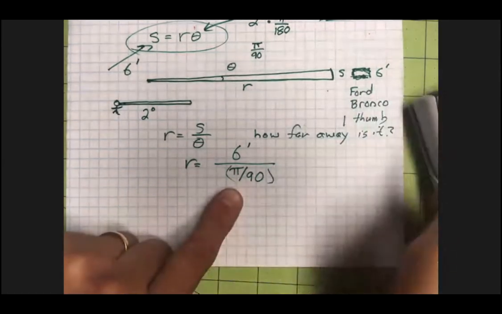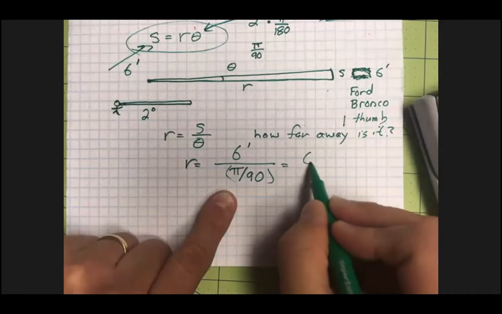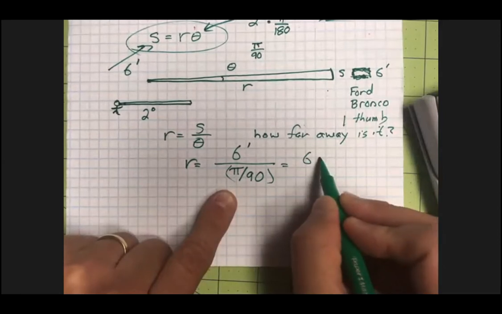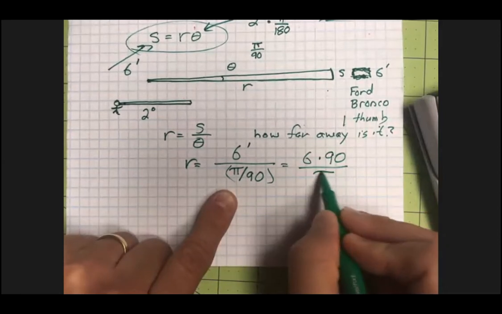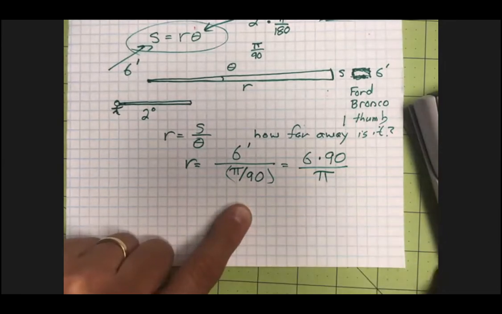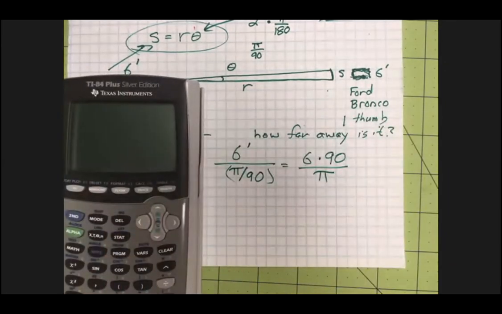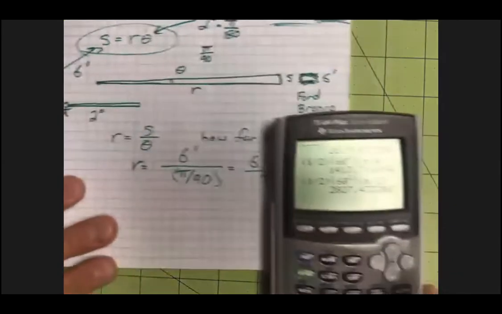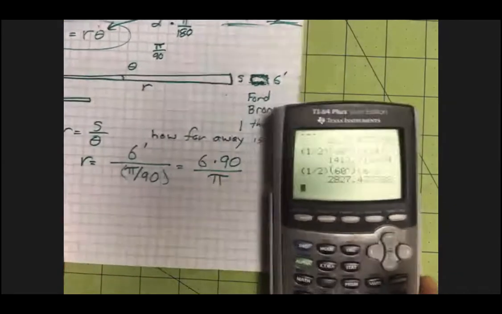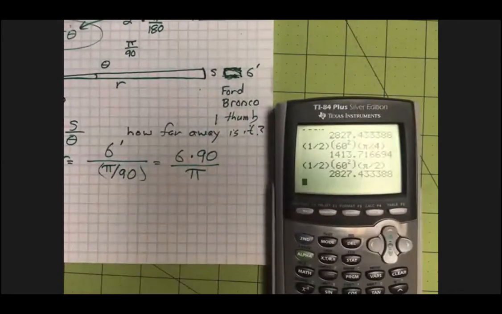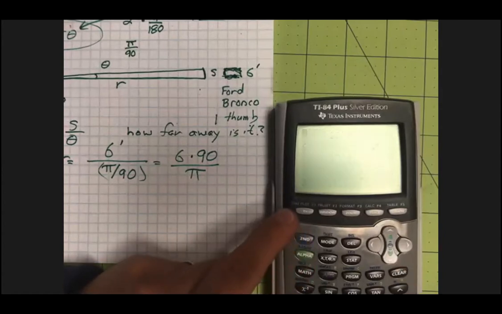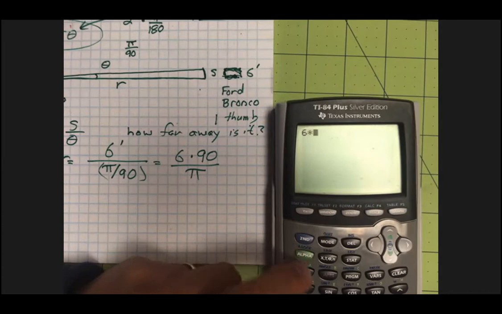Either put that fraction in parentheses, or how do you divide by fractions? Invert and multiply. I don't mind which way you do it, but make sure you enter it in your calculator correctly. Let me pull the calculator over here. Let me pull the paper over there. Let's try it out. What are we supposed to do? 6 times 90 divided by pi.